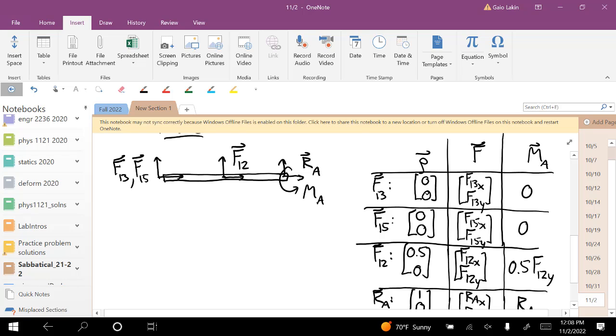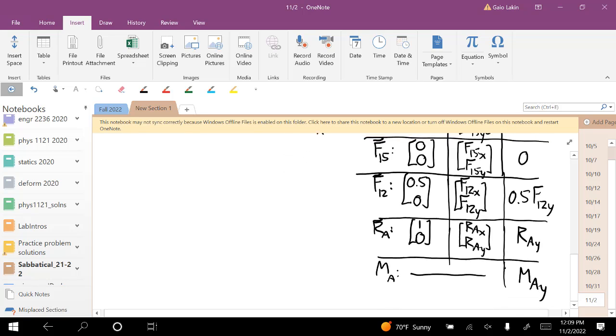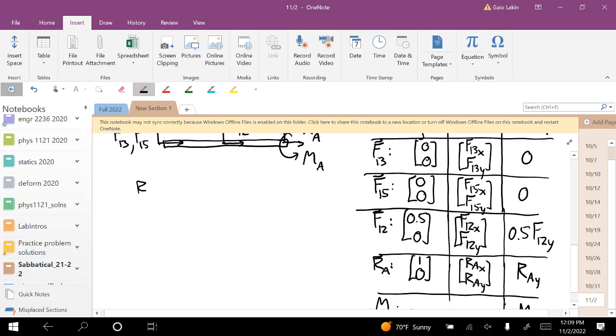Okay, maybe I just made a mistake on that. But it should say 0.5 F12Y plus RAY plus MA is equal to 0.